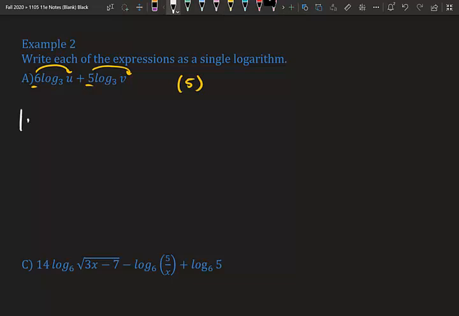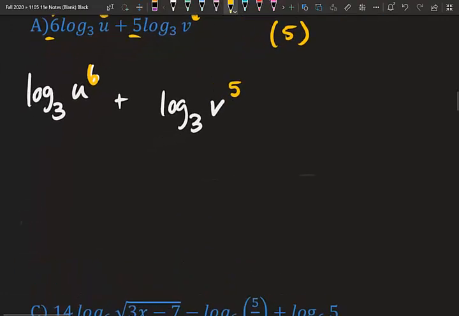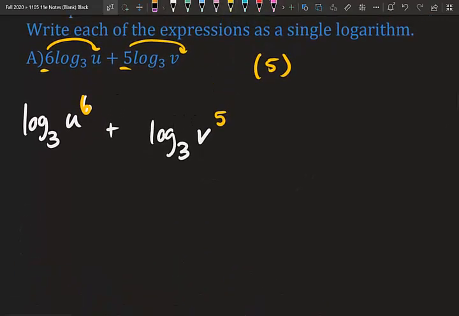We'll have log 3 u to the 6th plus log 3 v to the 5th. So always move over your exponents, and then we figure out what's happening in between. So in between is a plus, so that's property 3.